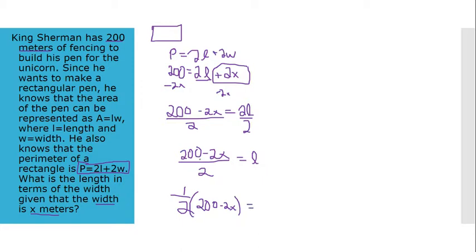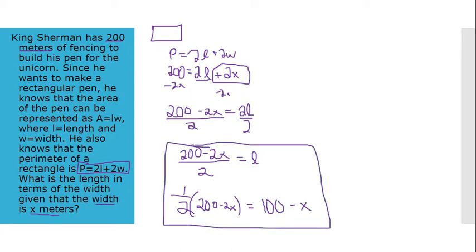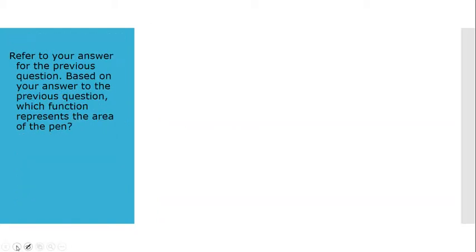Or we could split this fraction up: 200 divided by 2 is 100, and 2x divided by 2 is just a negative x. Any of these three ways work for our answer for what the length is in terms of the width. Refer to your answer for the previous question.